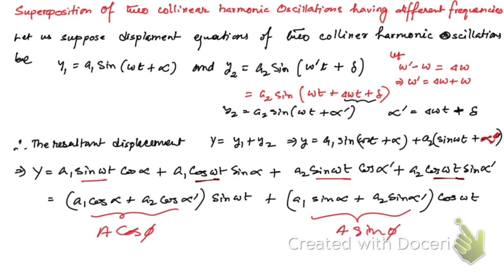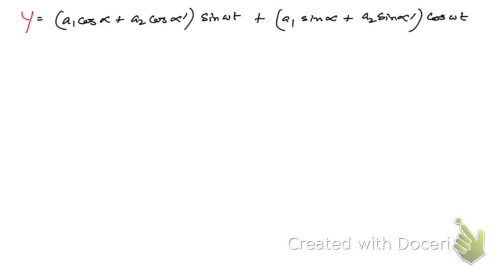Now let me copy this last step and go to a new slide. So this is y, the resultant displacement. This is the last step we have got.